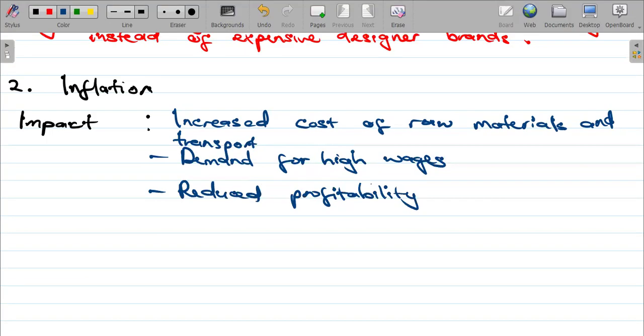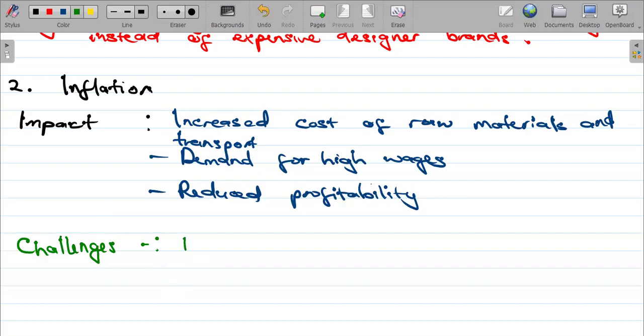So what are the challenges of these socio-economic issues to the business? You can find that the business will struggle to maintain stable prices, and also customers may buy fewer products, right?